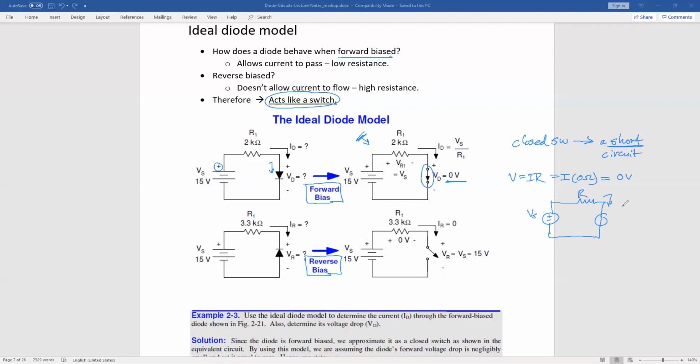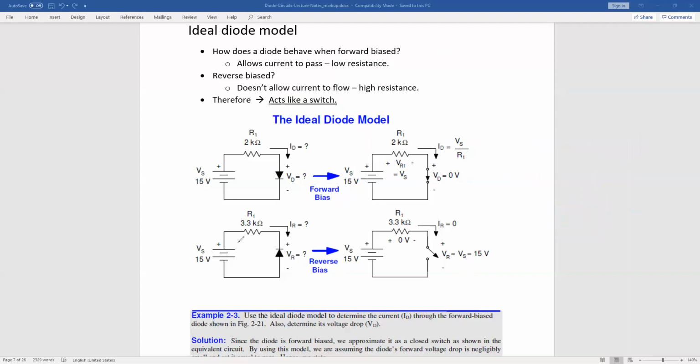So if we want to find current, our current is just going to be Vs divided by whatever that value of R is. And that's what we have right here to find the diode current. Okay, so ideal diode model, if our diode is in forward bias, it's modeled as a closed switch, which means that our diode current can be found just by taking Vs divided by R. Okay, so that's the first one.